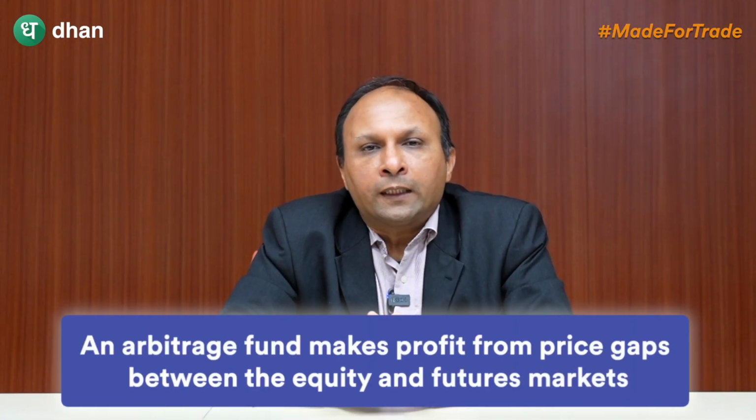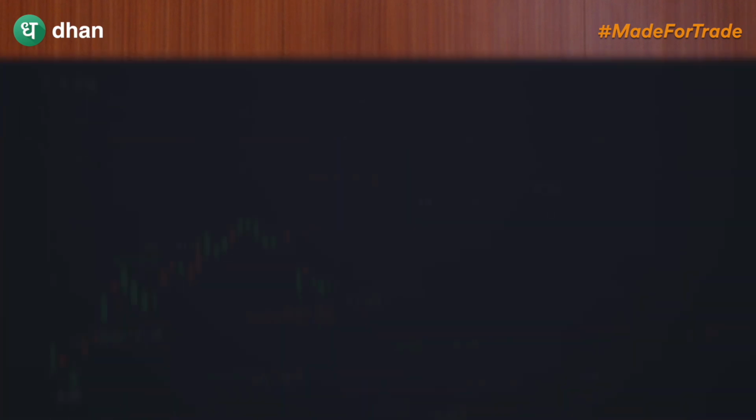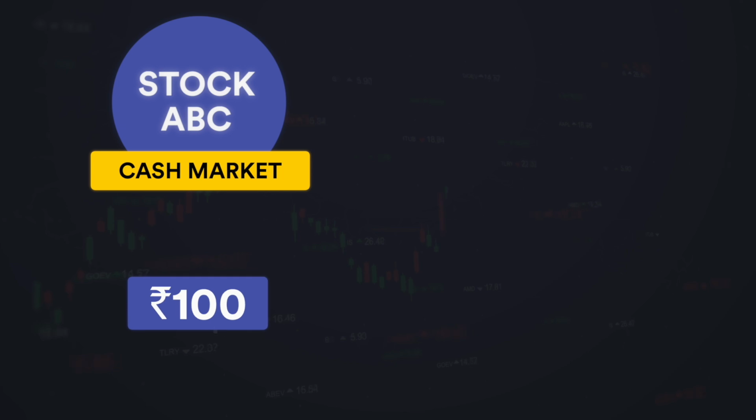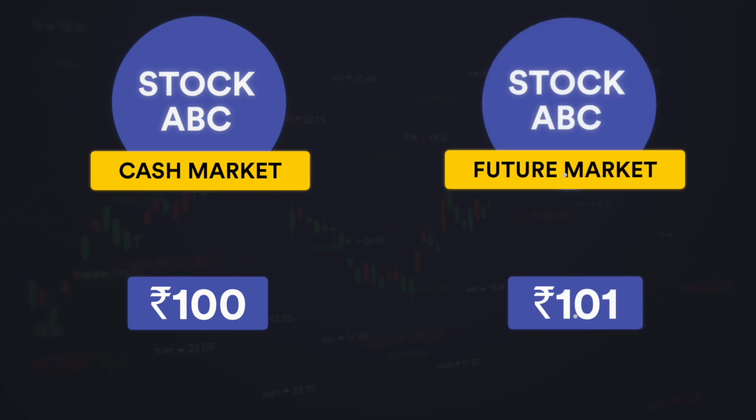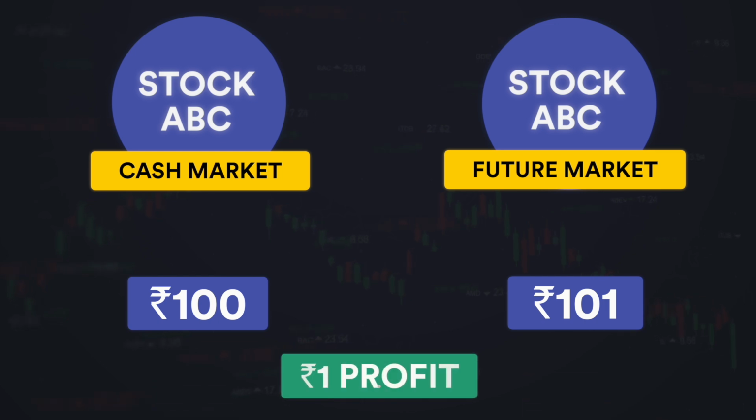An arbitrage fund tries to generate profits by capturing the price differential in the equity cash market and the futures market. Let's take an example. There is a stock of ABC Limited trading at say 100 rupees, and the same stock in the futures segment is trading at 101 rupees. So we can simultaneously buy the stock at 100 rupees in the cash market and sell the future at 101 rupees, thus capturing a 1 rupee spread.